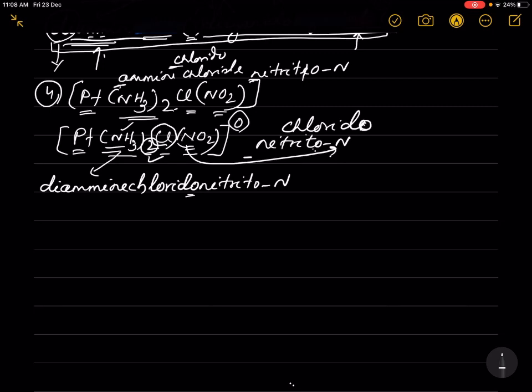Then central atom platinum, then its oxidation number is 2, that you can calculate. For ammonia it is 0, for chlorine is -1, for NO2 it is also -1, for Pt it has to be +2, so it can be written as upper Roman numeral. So diammine, chlorido, nitrito-N, platinum(II).